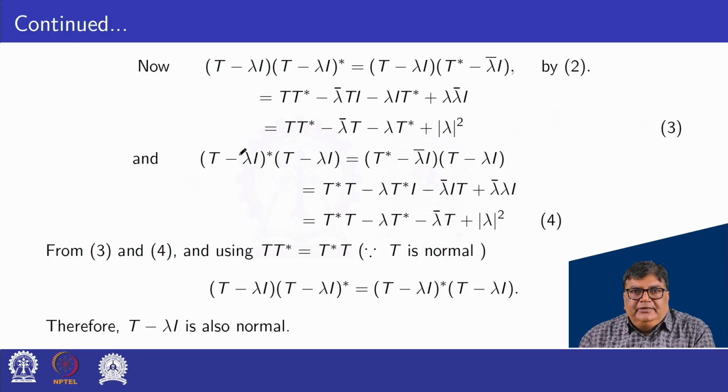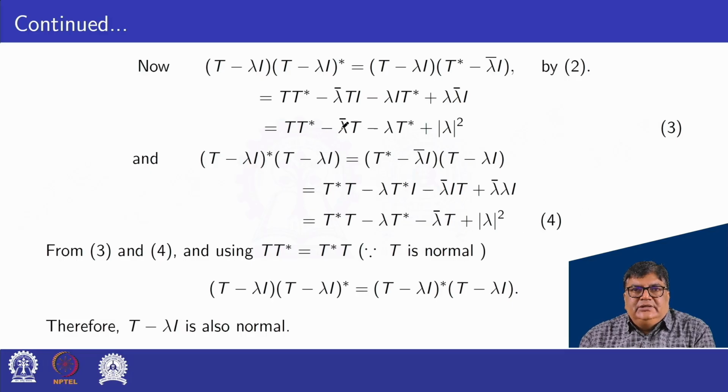Again, putting the value of (T − λI)* from equation 2, that is (T* − λ̄I) into (T − λI), operating this on this, we have T*T − λT* − λ̄T + λ̄λ I into I, that is I. So again we can write T*T − λT* − λ̄T + |λ|².